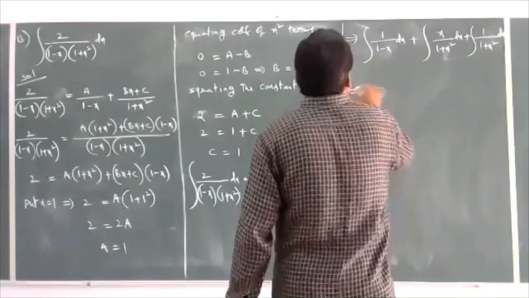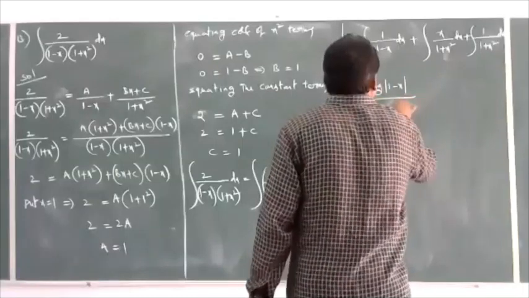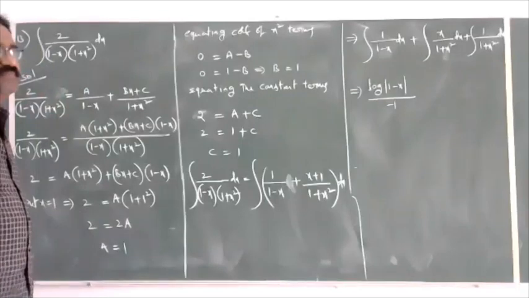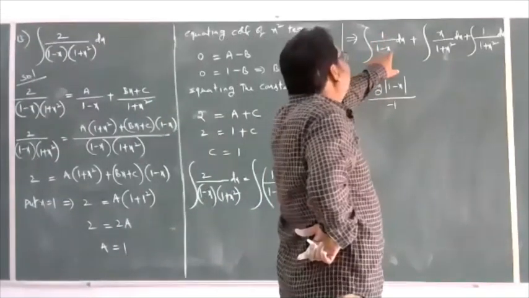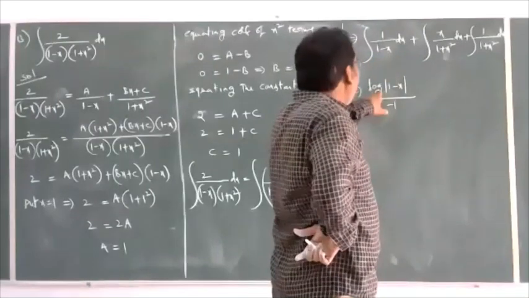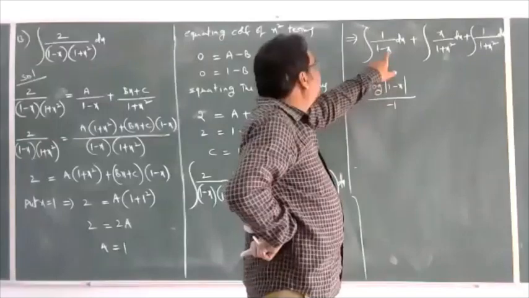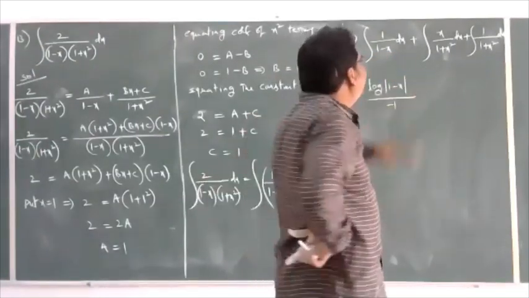That implies here log mod (1 minus x) by minus 1. What is minus 1 here? By using the chain rule, for 1 by (1 minus x), log mod (1 minus x) divided by the derivative of 1 minus x: 1 has derivative 0, minus x has derivative minus 1. That is by using the chain rule.